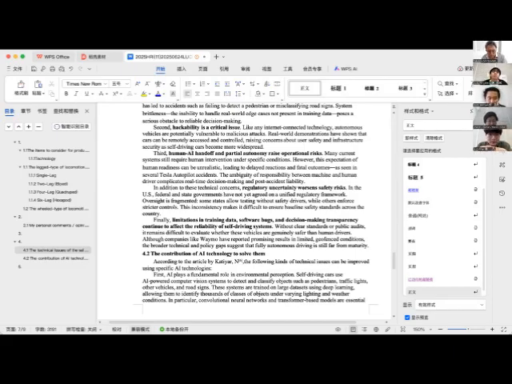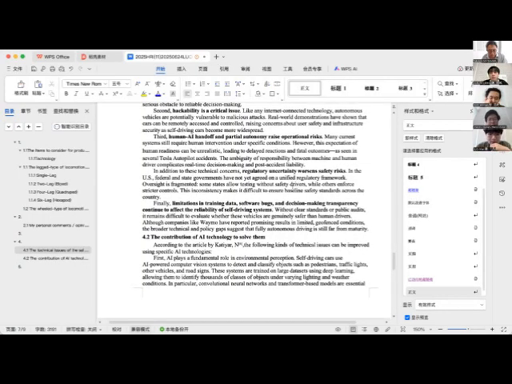So in some situations, the partial autonomous system still needs the human to intervene. However, some users may totally trust the AI and not do anything, and it may lead to accidents.